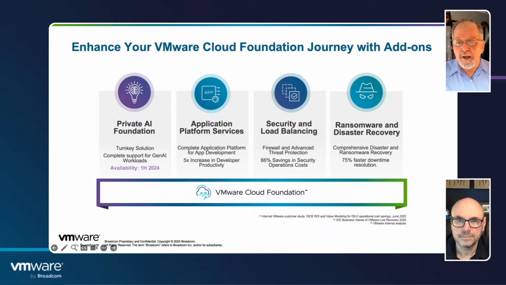And we've seen already where customers have actually deployed this and achieved about a 66% savings in their security operations costs, just because of the fact we're taking a lot of the complexity that typically is present with these systems, taking that out. And then finally, and again, just to set up for this upcoming series, ransomware disaster recovery is really a comprehensive platform that gives me the ability to deploy this out across there.